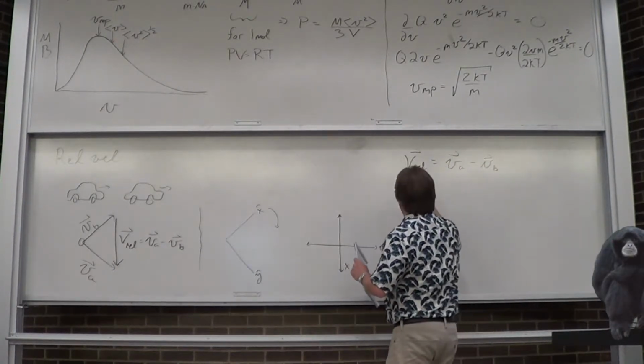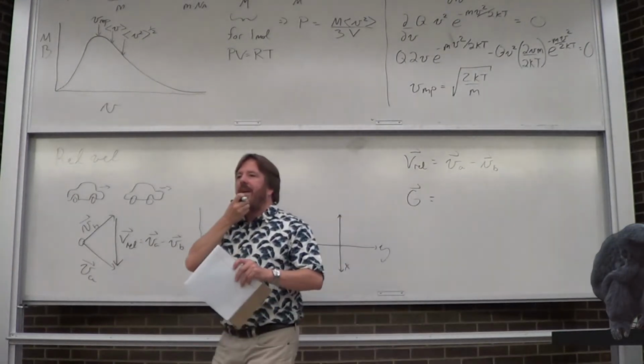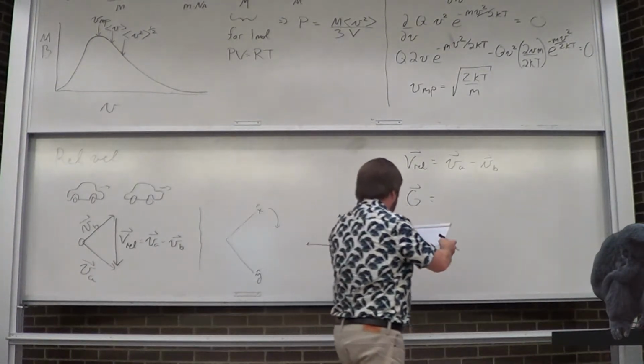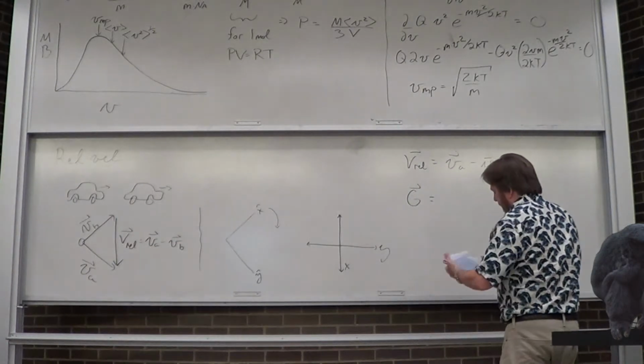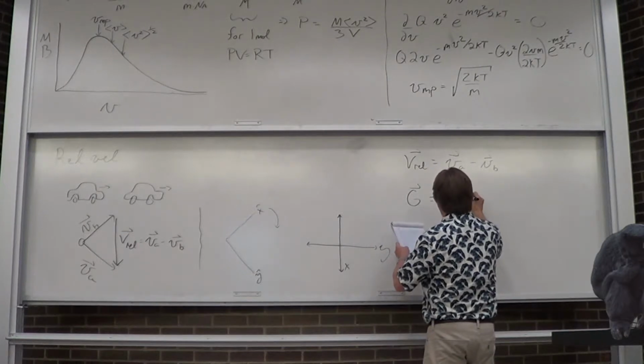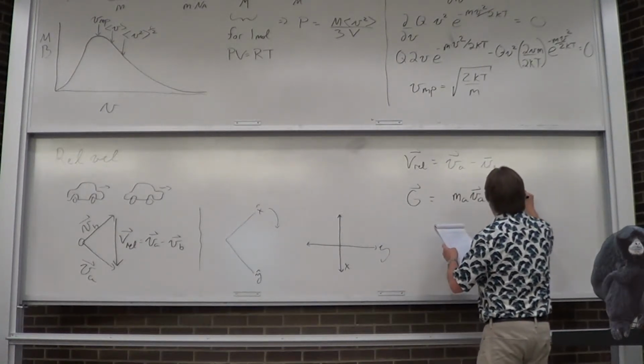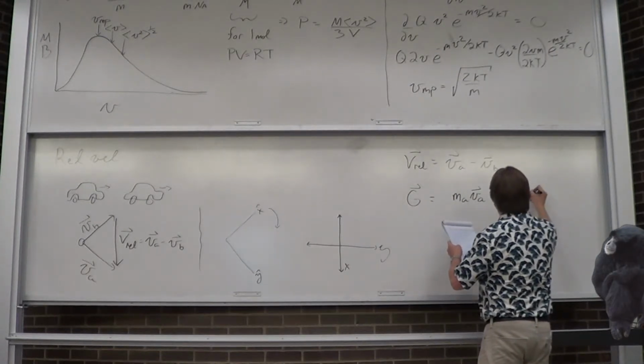It turns out that the orthogonal, we also want this to be 90 degrees. It's really not that hard to figure out that what that is, we call it the center of mass. So this is 90 degrees to that. It's called the center of mass velocity.